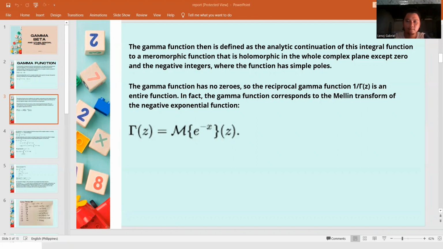So para maging positive ito, kailangan nating ibaba itong e na ito sa baba. We have now 1 over e raised to x, integral from 0 to infinity.